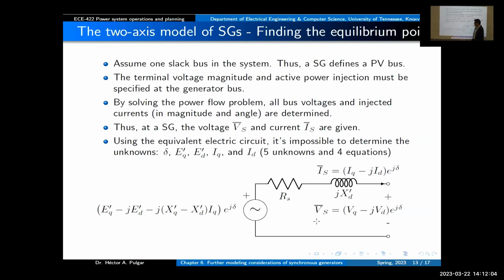Here you have Iq. Okay, so you have Id and Iq, we need that. But also you can see here we need Ed and Eq. You have 4 unknowns, but you have a 5th unknown, delta. With this circuit alone, how many equations do you have?